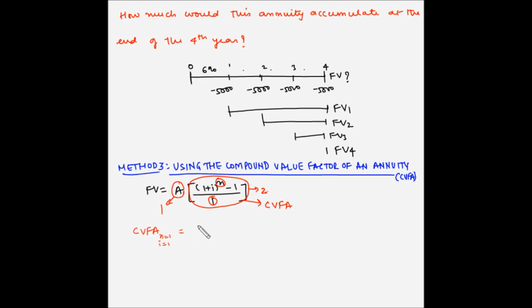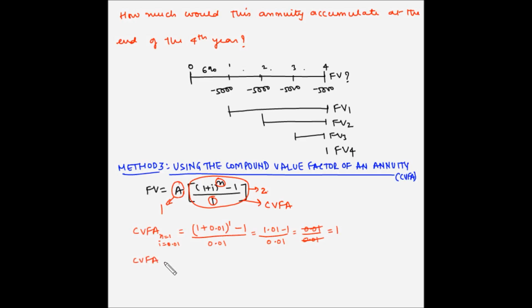So this will be equal to (1 plus I, we'll take it 0.01) to the power n, where n is 1, minus 1, divided by I, which is 0.01. So this is 1.01 to the power 1, which is 1.01, minus 1, divided by 0.01. So this is 0.01 divided by 0.01, which is equal to 1.